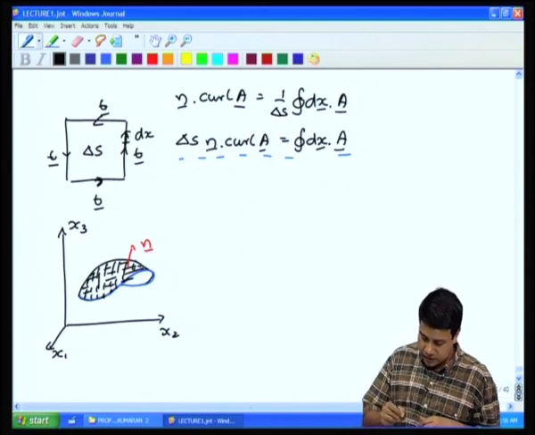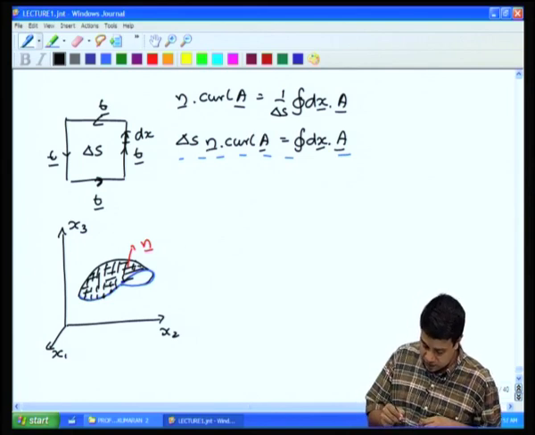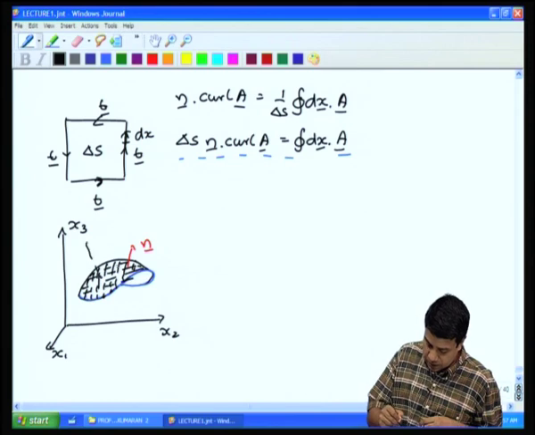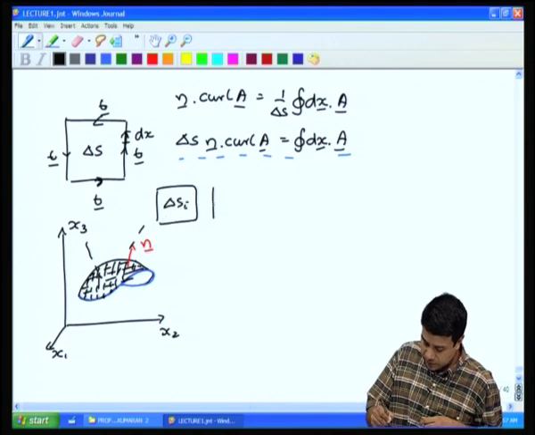So, if I take two adjacent patches here, I and I plus 1, I have two adjacent patches, delta s I and delta s I plus 1.